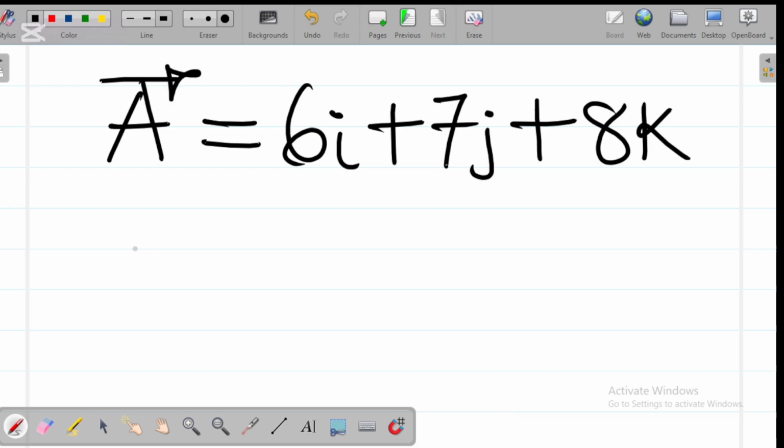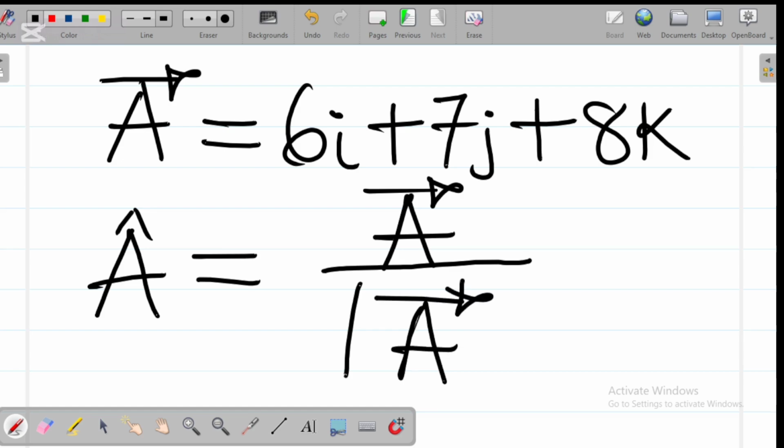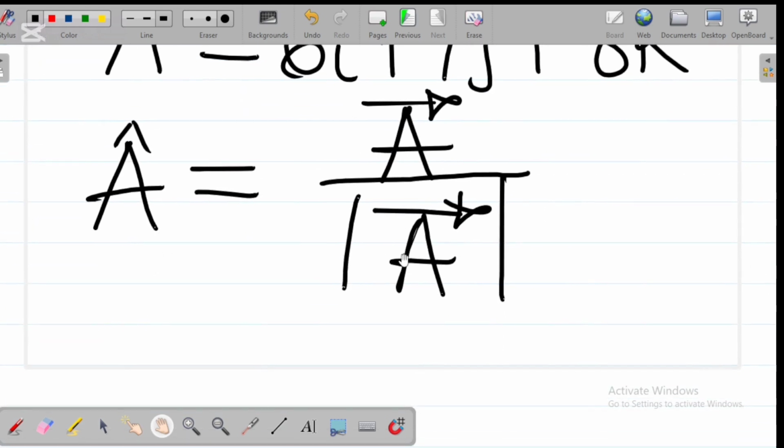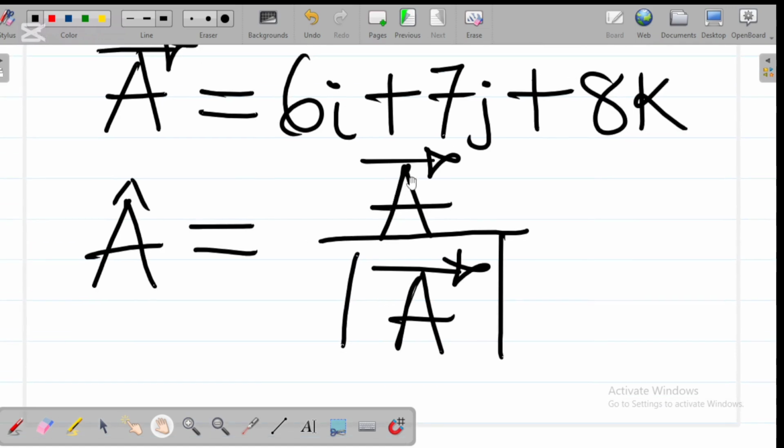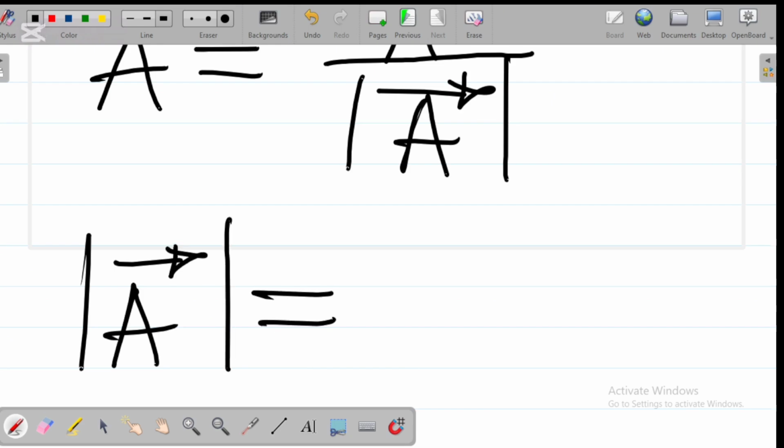Remember that unit vector of A is equal to the position vector all over the magnitude of vector A. So let's find the magnitude of vector A. We already have the position vector. Remember, to find the magnitude, you simply apply Pythagoras theorem.